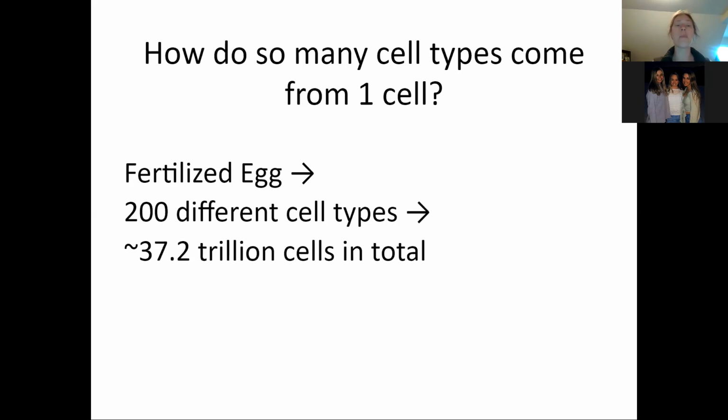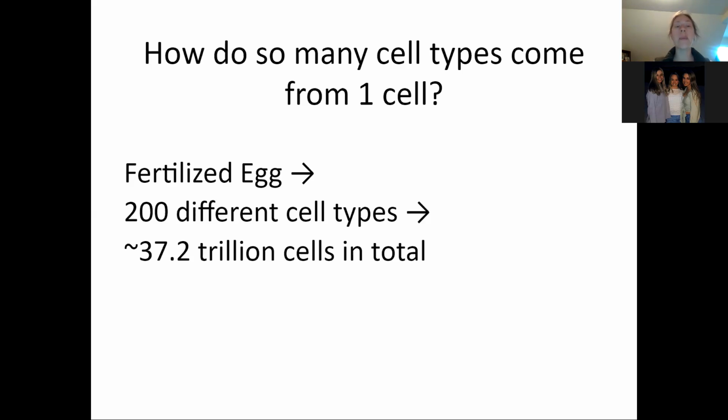From that fertilized egg, over 200 different types of cells, so uniquely different types of cells like skin cells versus liver cells versus a heart cell versus a muscle cell or a brain cell, all developed out of that single fertilized egg, which was going through mitosis over and over and over again. And in total, from that one single cell, we end up with approximately 37 trillion cells in the human body, which is amazing.